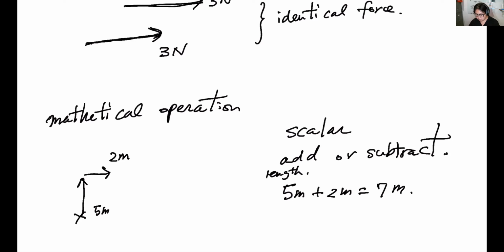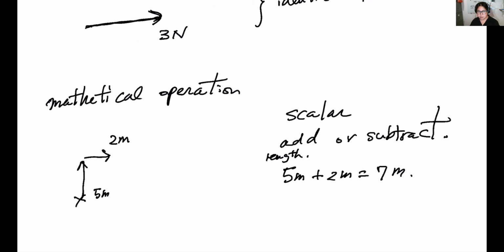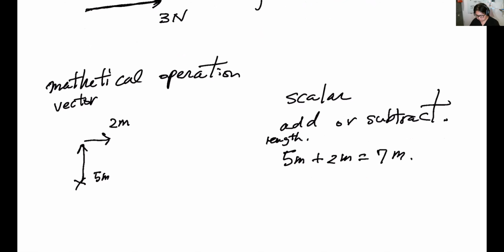It's not that the person has walked 7 meters, right? Because in the case of a vector, the direction matters. So how do you add? In this case, the resultant is not 7 meter.